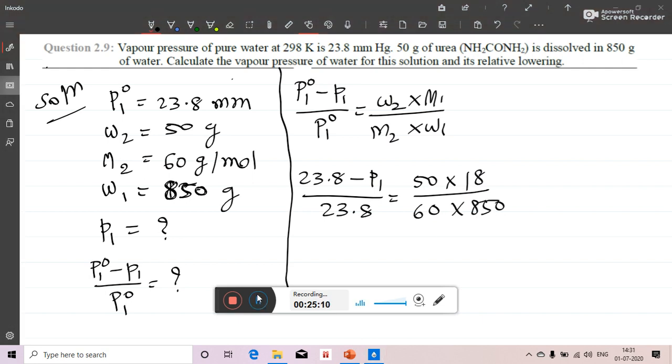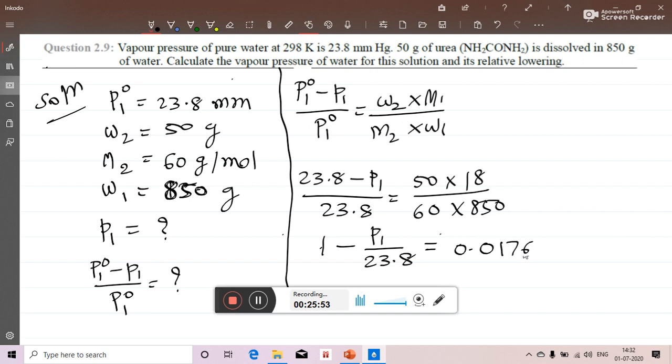So 23.8 upon 23.8 is 1. So 1 minus P1 upon 23.8 equal to, now the ratio of the RHS side is 0.0176.